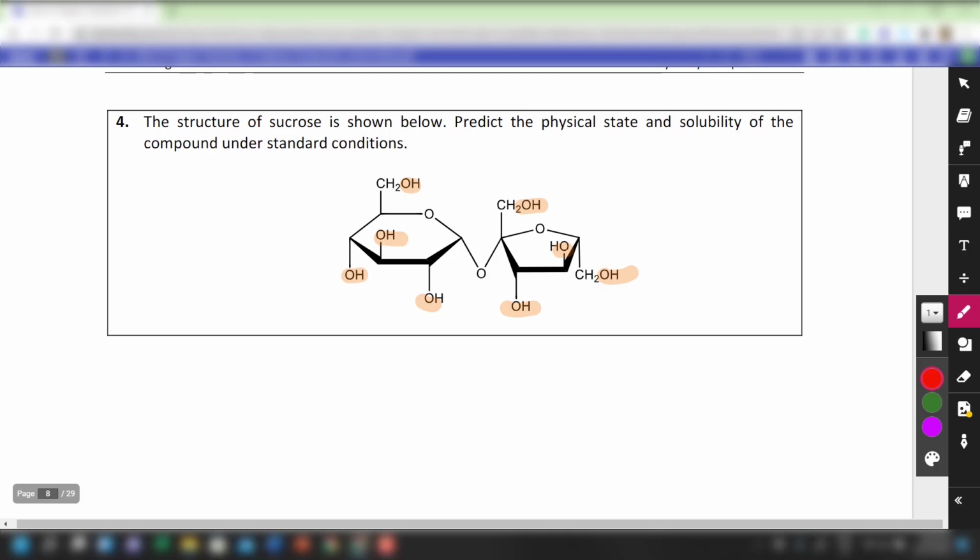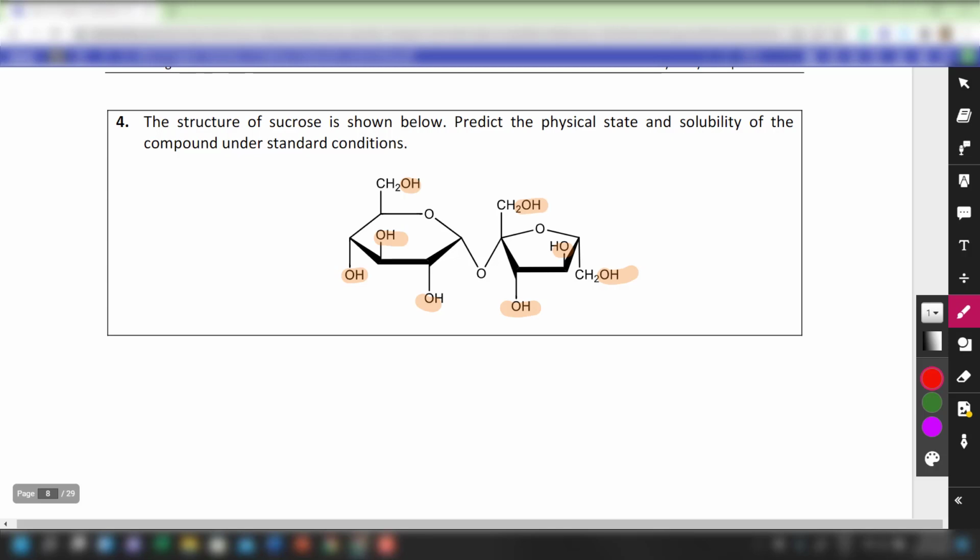Because number one, yes, a large electron cloud. Number two, many OH. A large electron cloud means the probability of forming stronger dispersion forces is higher. Many OH groups also mean that the extent of hydrogen bonds between sucrose molecules is quite large. And of course, not only is the hydrogen bonding extensive, it is also strong.